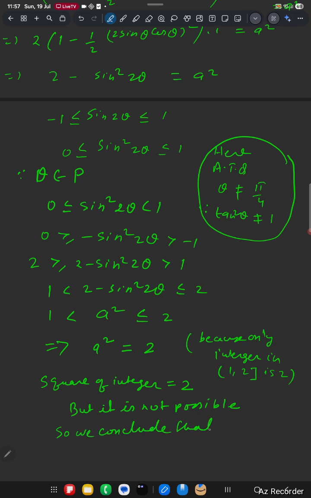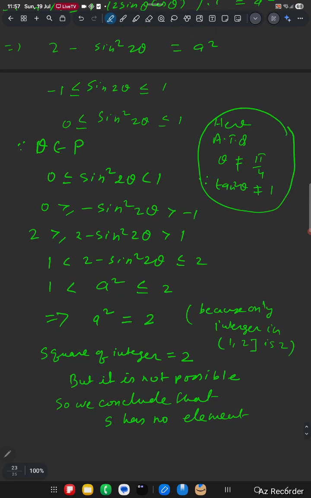So we conclude that S has no element which satisfies the given conditions: that theta belongs to P and a is an integer, and satisfies this equation, twice of sin power 8 theta minus cos power 8 theta into sec 2 theta equal to a square.